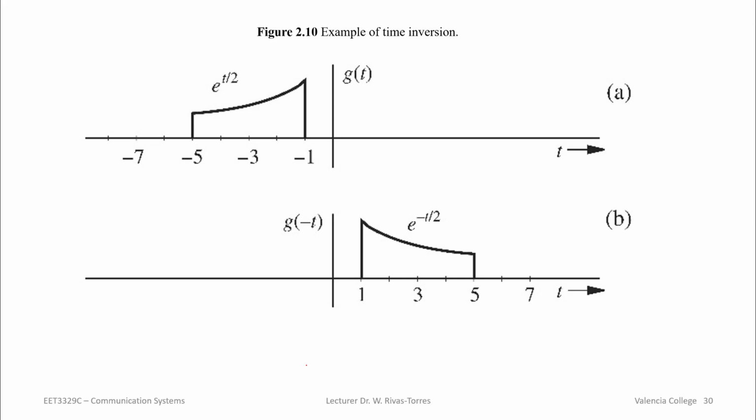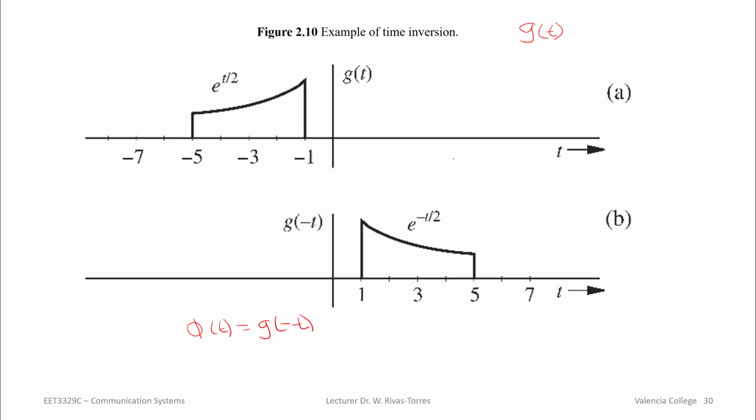Okay, so here's another example of time inversion. So your original g of t, right? We said that you do g of t, which is this function here. And in order for me to get the inverted function, if I want to call it phi of t, all I have to do is g of minus t.